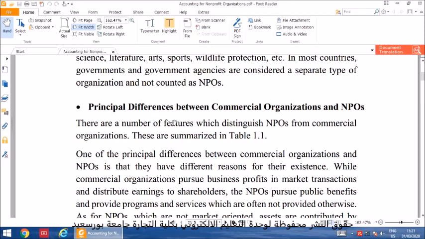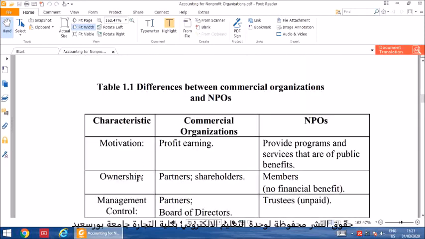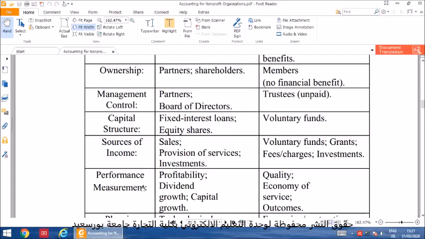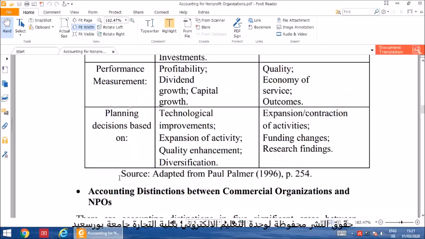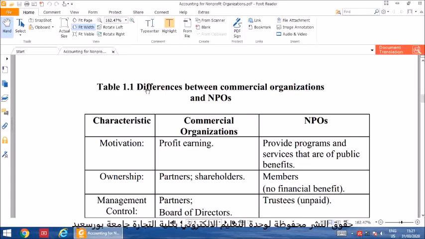There are a number of features, specifically 7 characteristics that we can use to compare between commercial organizations and non-profit organizations. The first characteristic is called motivation.